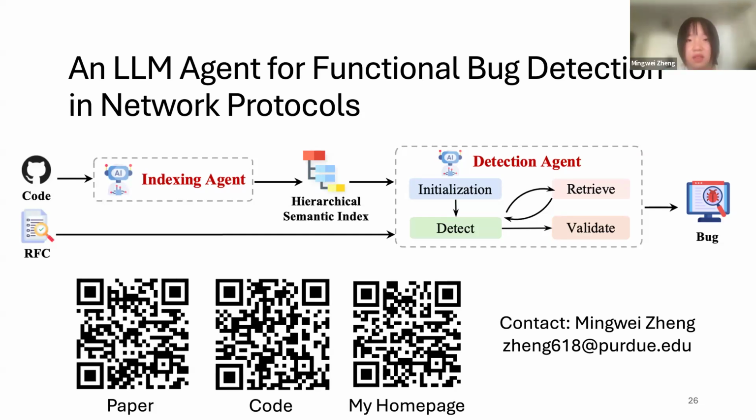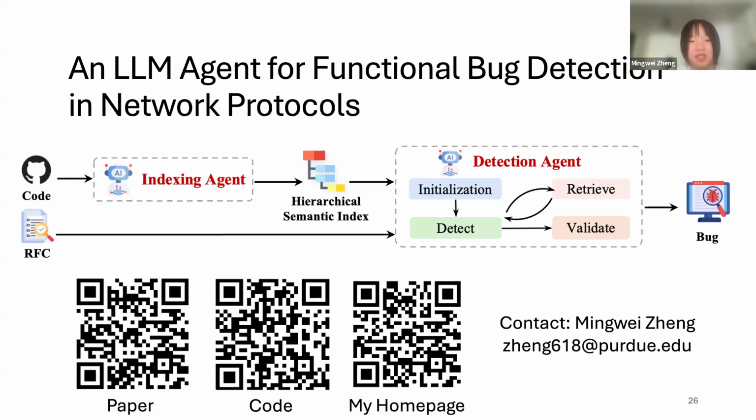Yeah, I think this is a very good question. Sometimes the documentation itself is out of date because developers don't have time to update it, or, in the network protocol domain, there are sometimes intentional implementation choices made by the developers.